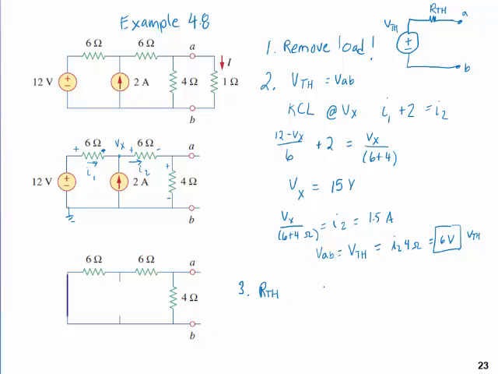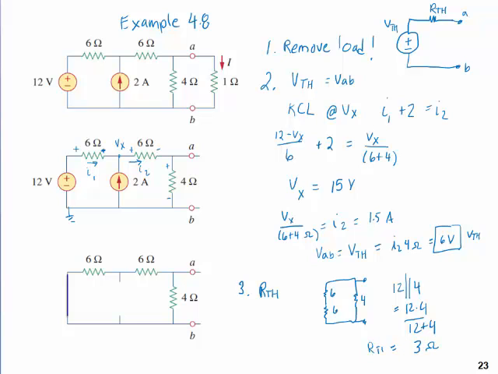So I see that that's really a series circuit that looks like this. 6 ohms, 6 ohms, 4 ohms, and here's my A and B points. So that's 12 ohms in parallel with 4 ohms, which is 12 times 4 over 12 plus 4, which equals 3 ohms.